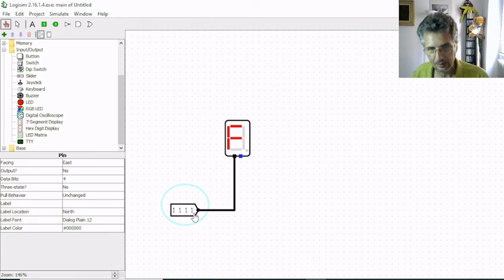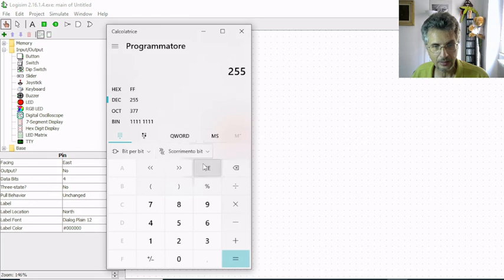So 4 bits is 16 numbers. And the reason is that here we have 4 bits, and 2 raised to the power of 4 makes 16. And for example, if I have 8 bits, in this case, I can write numbers up to 255, or a total of 256 different numbers from 0 to 255.